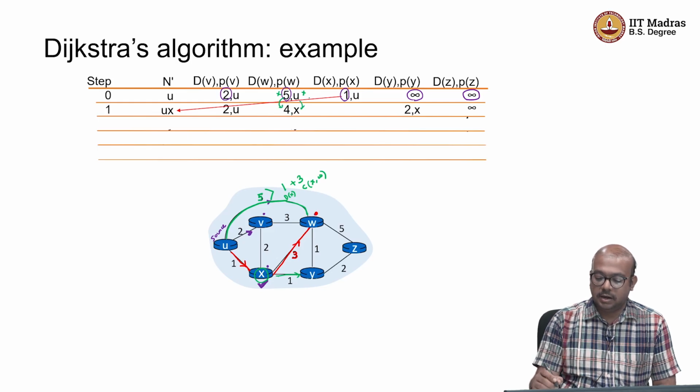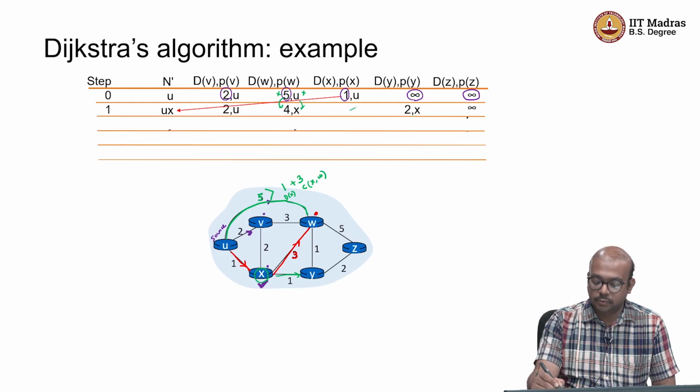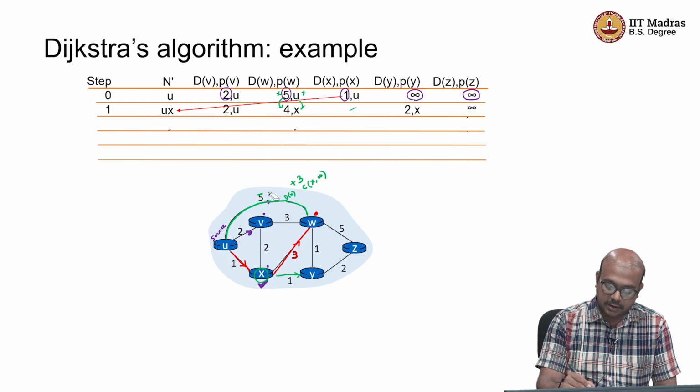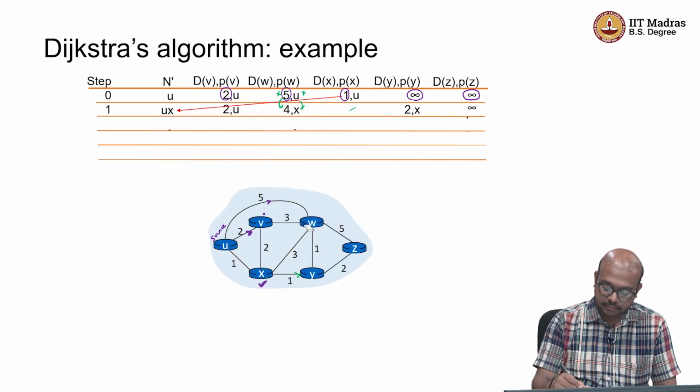Okay. And here we do not have anything to do because this is already in the n prime list. 2x is the new entry here, right. Earlier it was infinity, now it has become like this. x, we are done. We are trying to now look for y, right.